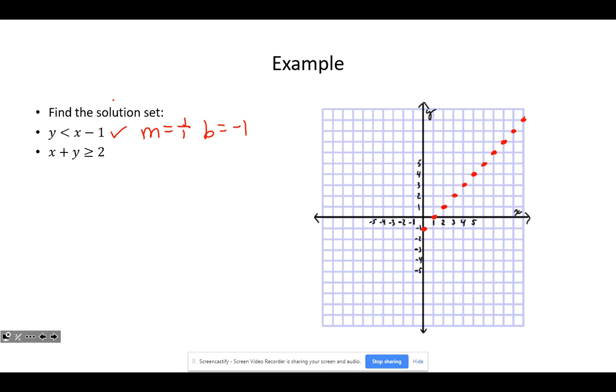Notice the sign that we have here does not have a bar underneath it. This would make this a dashed line. Arrowheads on the ends. Label it.